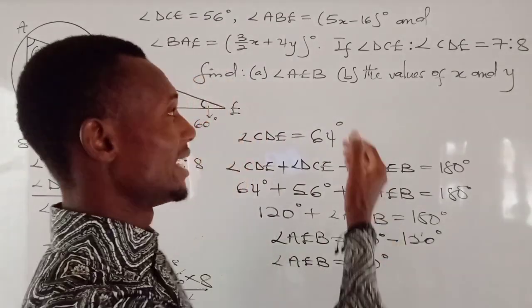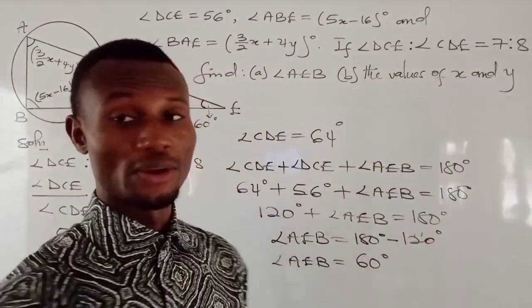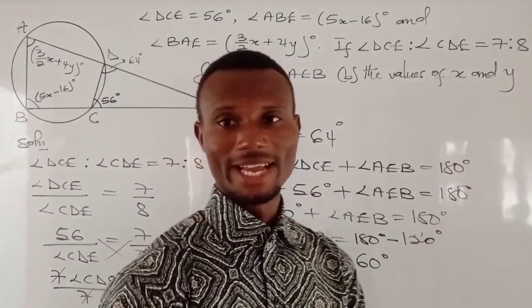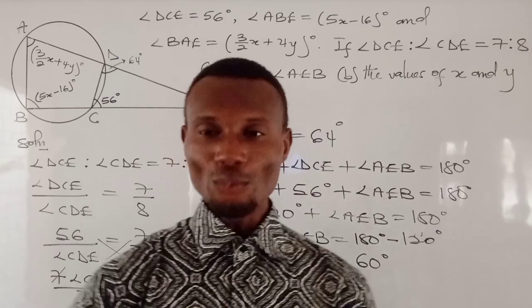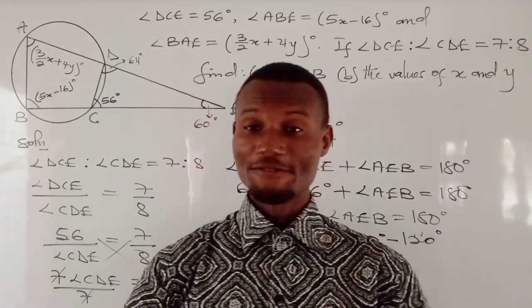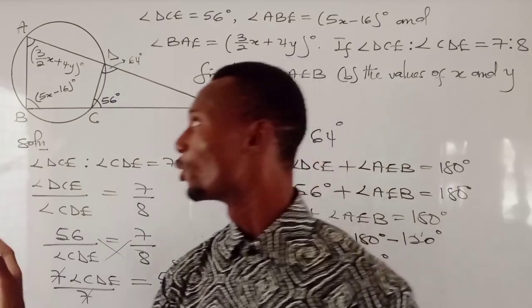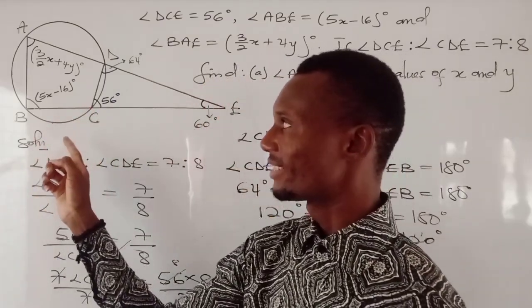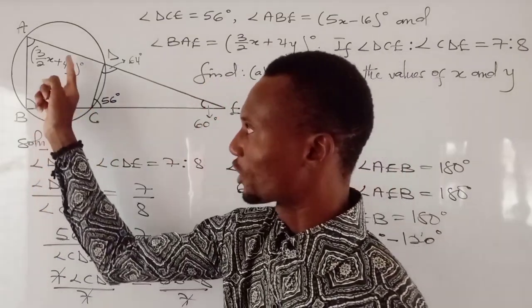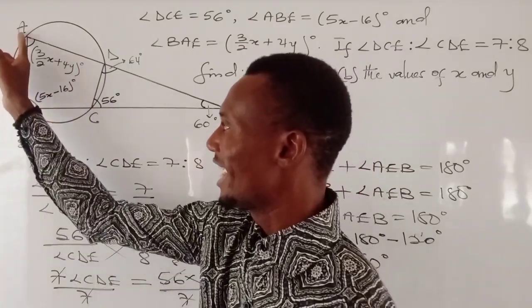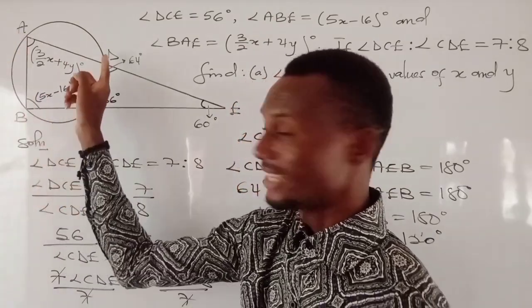So now let's come to the B part of the question. It says that we should find the values of S and Y. So we need to consider where the variables S and Y are in the diagram. Looking at the diagram, you can see that we have a quadrilateral in a circle here. Look at quadrilateral ABCD.